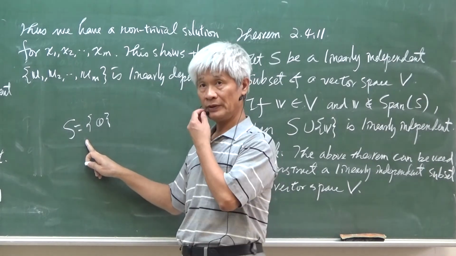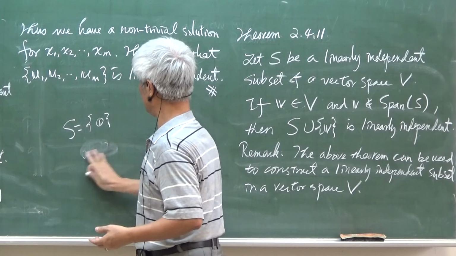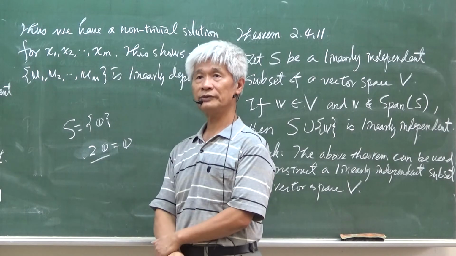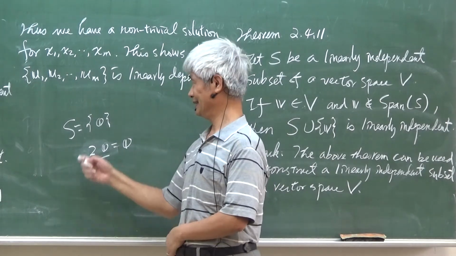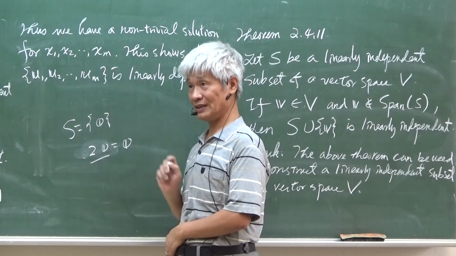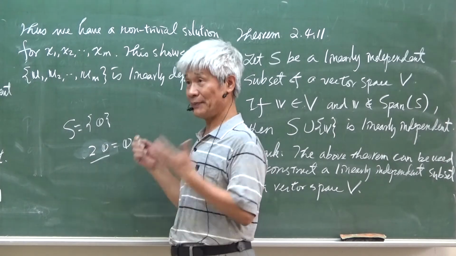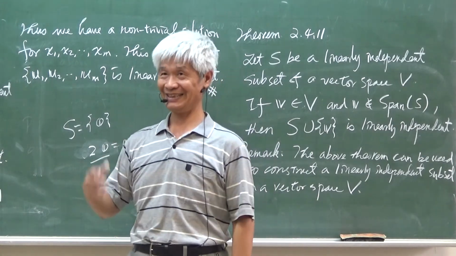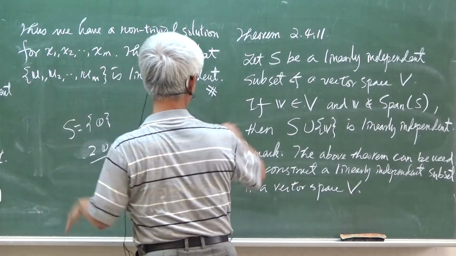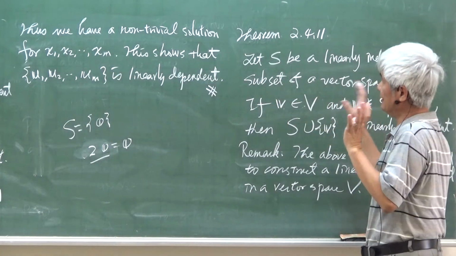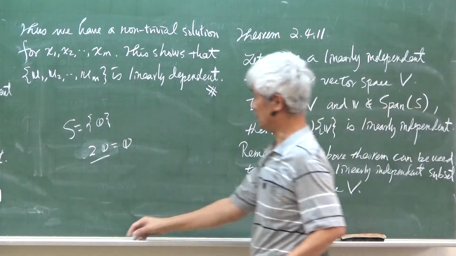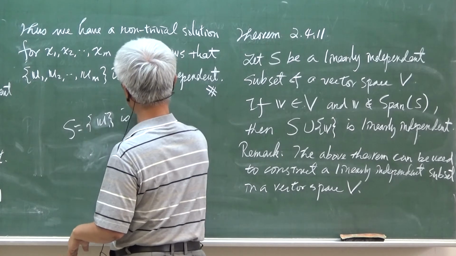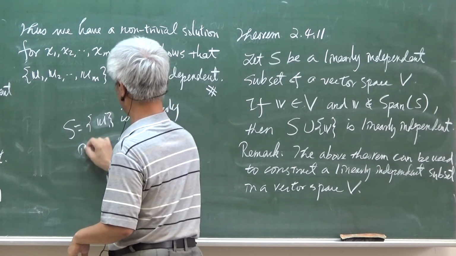Why? Because I have 2 times 0 is 0. So I have a non-trivial linear relation, because the coefficient is non-zero. So it's dependent. It's easy, right? But for any non-zero vector u, the singleton is linearly independent.